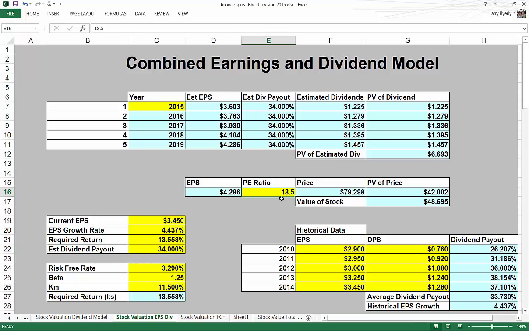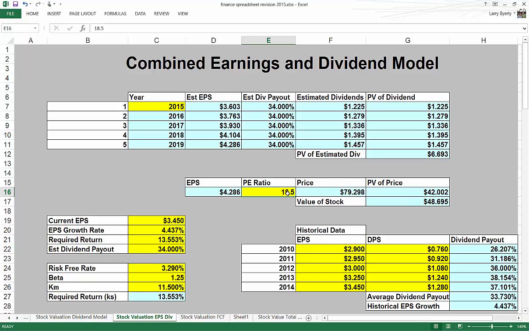But 18.5, we forecast the price will be $79.30 5 years from now. The present value of that in today's money is $42. So if you add the present value of the dividends and the present value of the stock, we could end up with a value today of around $48.70. So that's the most you'd be willing to pay for it today.